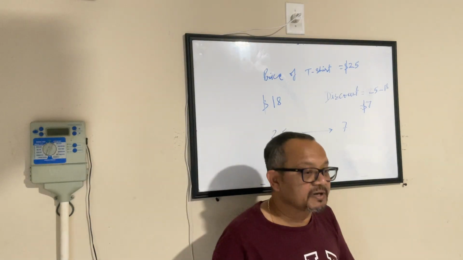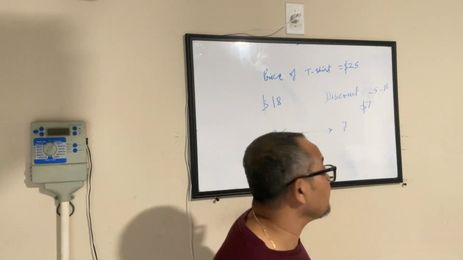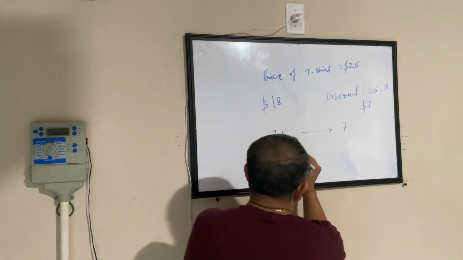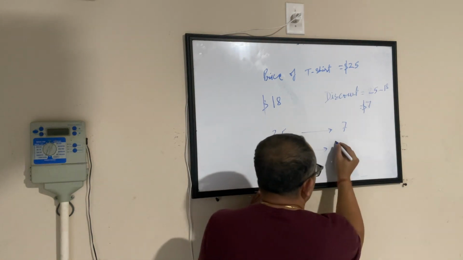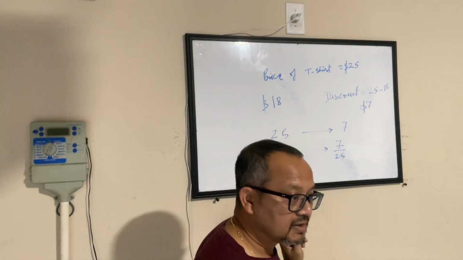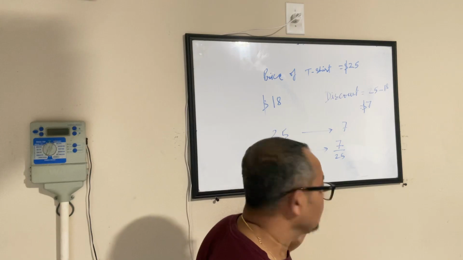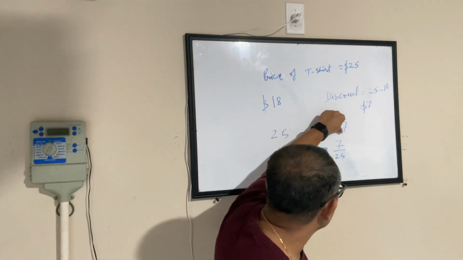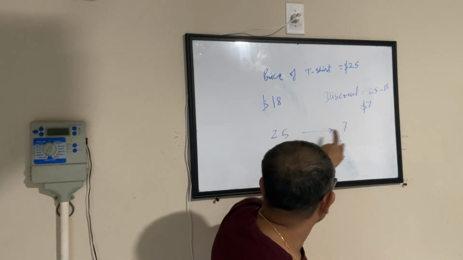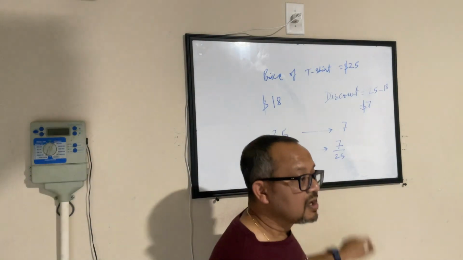So for $1 how much would I get? For $25 I'm getting 7. So for $1 I get less, right? How do I get less? By dividing.